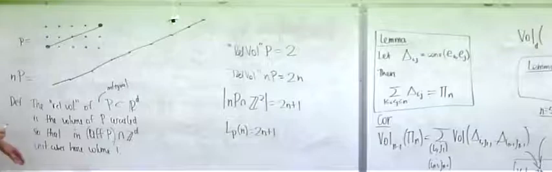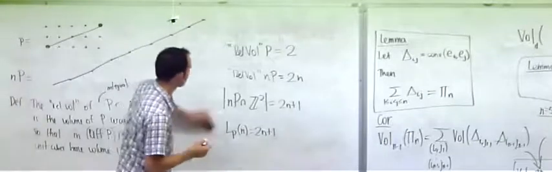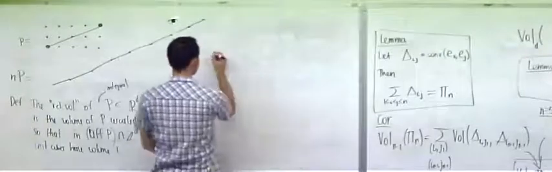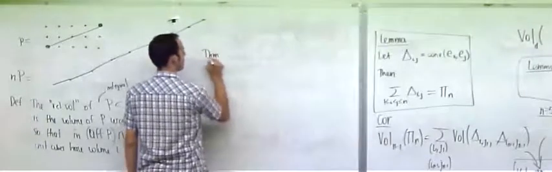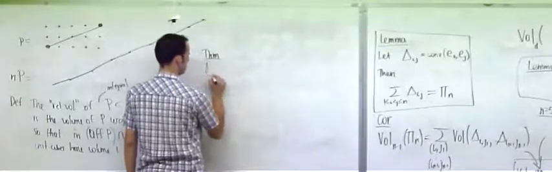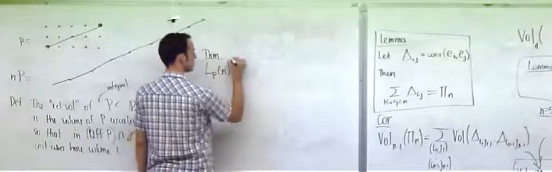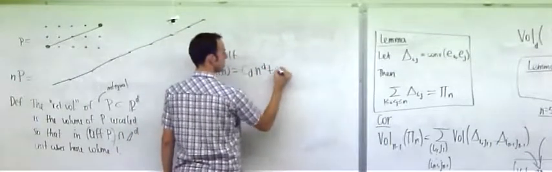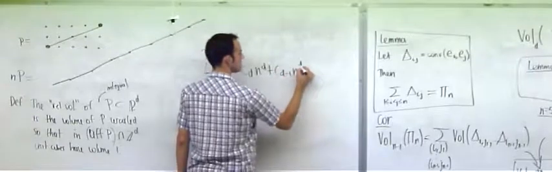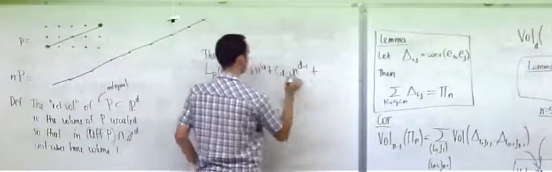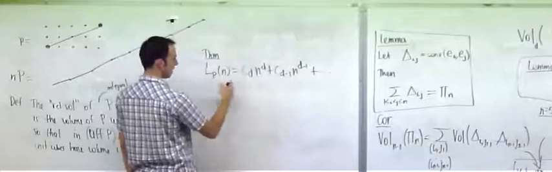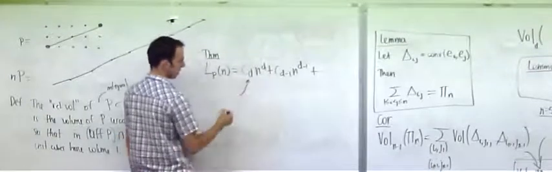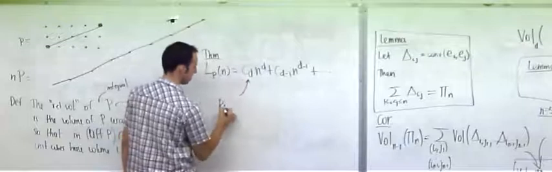And then the real theorem, actually what I said last time was also real: for the Ehrhart polynomial, the leading coefficient is the relative volume.